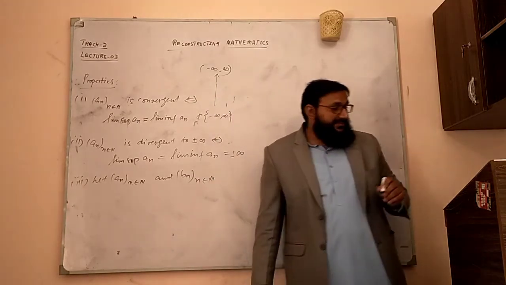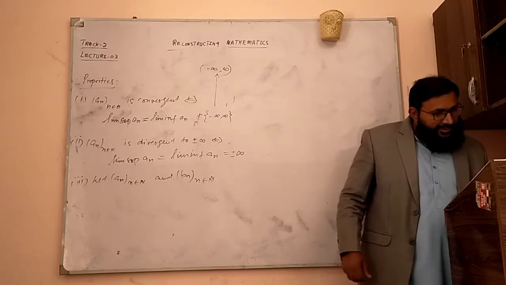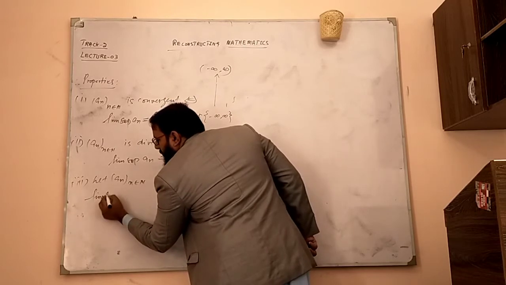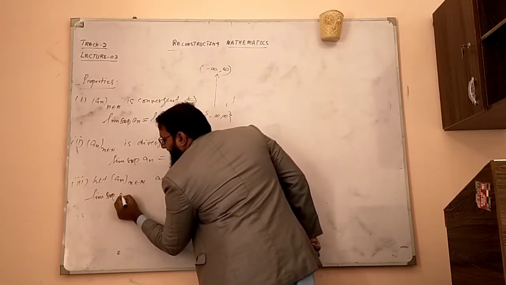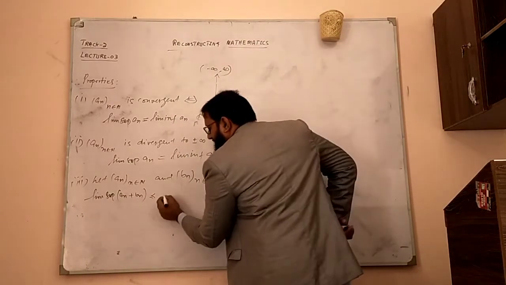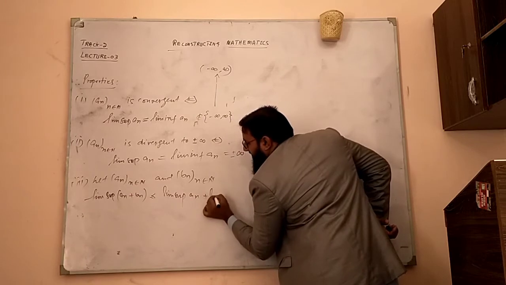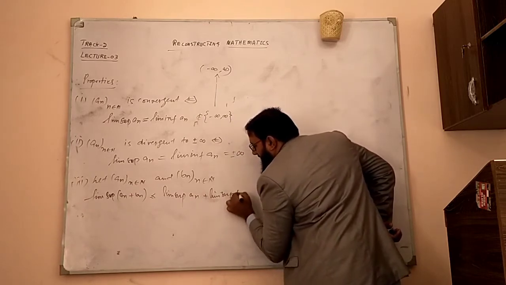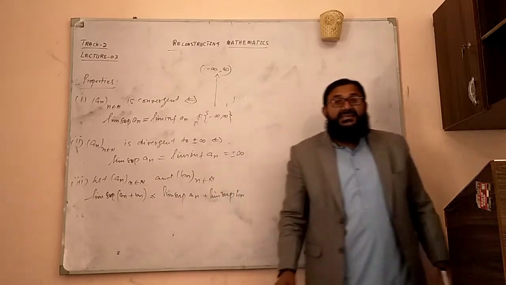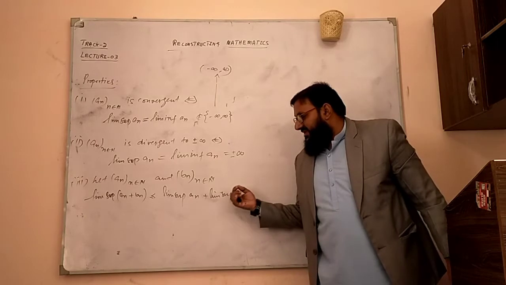So we have one property: limsup of an plus bn is less than or equal to limsup an plus limsup bn. Limsup an plus bn must be less than or equal to limsup an plus limsup bn.